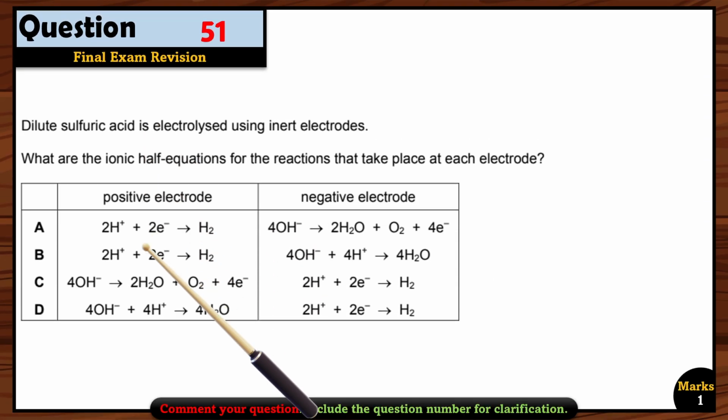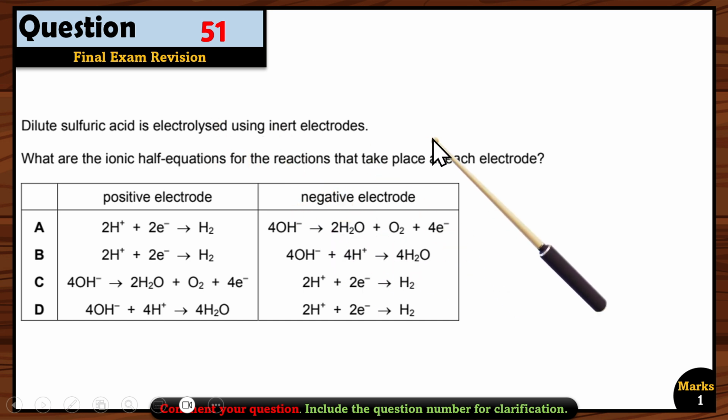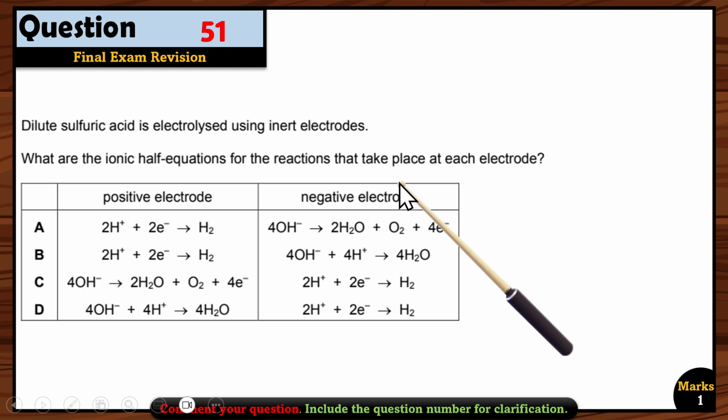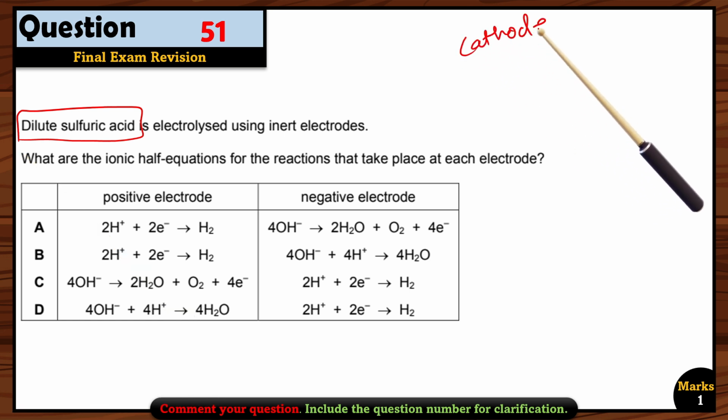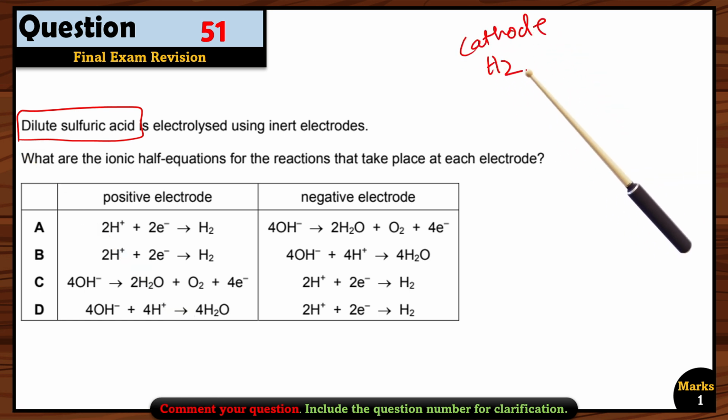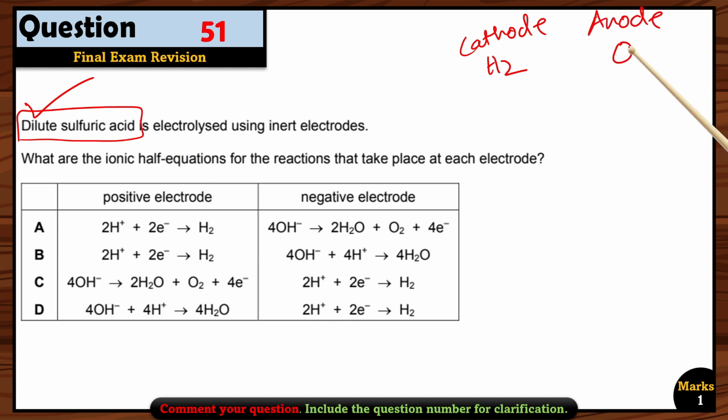Question 51. Dilute sulfuric acid is electrolyzed using inert electrodes. What are the ionic half equations for the reactions that take place at each electrode? So now what is our product? Dilute sulfuric acid. First, it is aqueous, so at the cathode you are going to get hydrogen. It is dilute, so at the anode you are going to get oxygen.